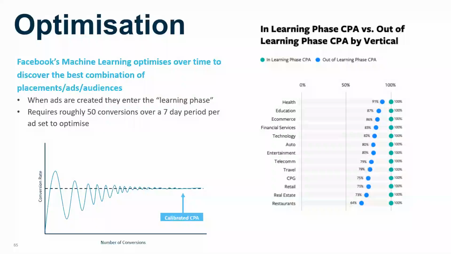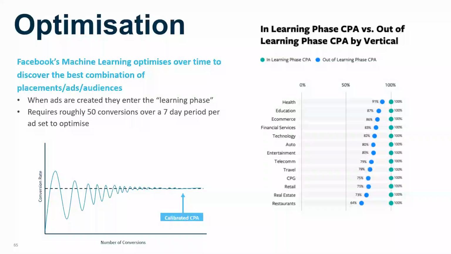When an ad is created, it enters the learning phase, and to get out of this learning phase, it needs roughly 50 conversions over a 7-day period. Previously, a lot of advertisers were splitting their accounts out quite granularly, which meant these 50 conversions weren't getting reached.